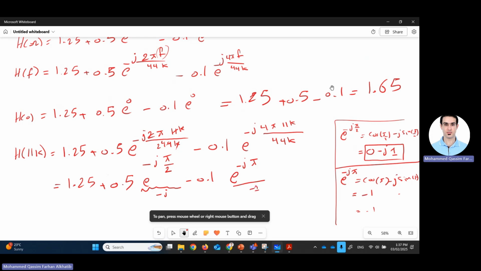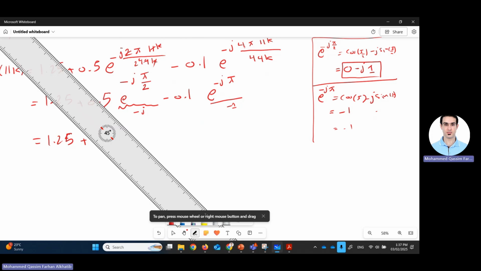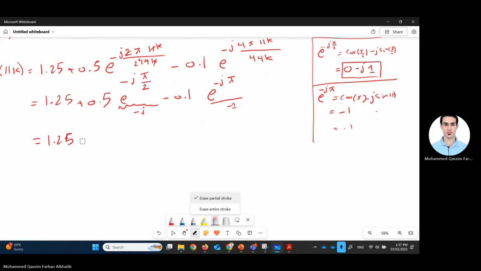Let's substitute that in the expression. I will get 1.25 minus 0.5 j plus 0.5, because I have negative 1 times the 0.1.